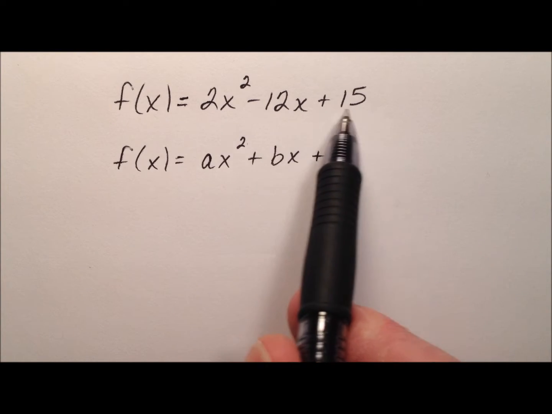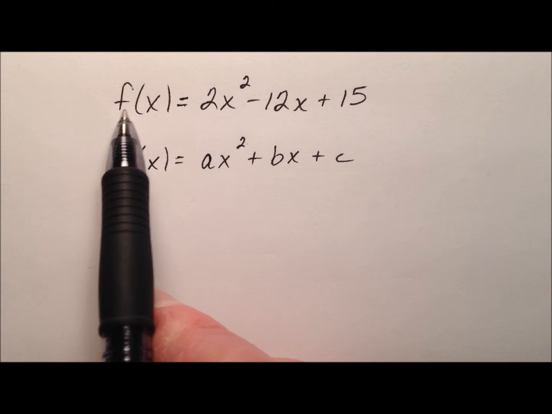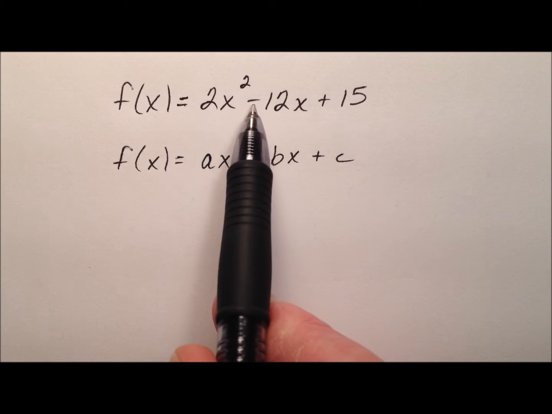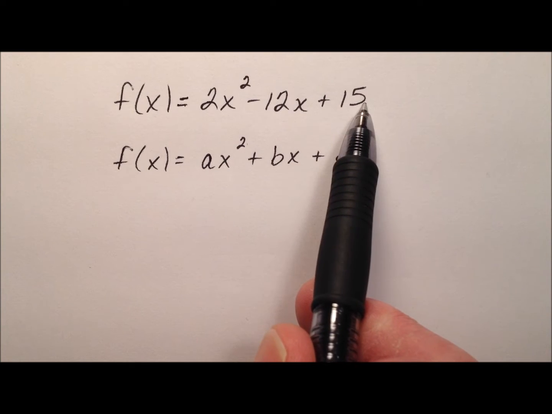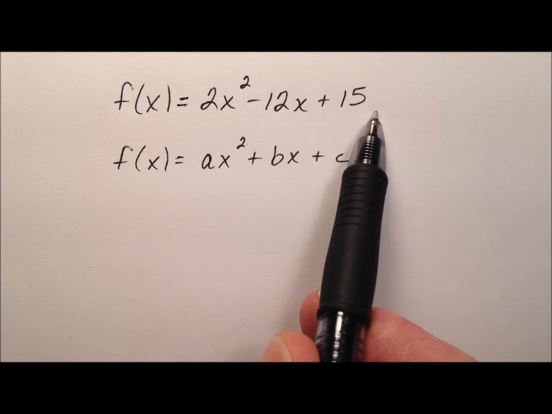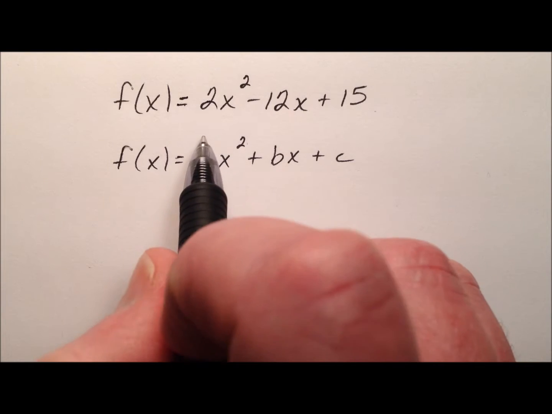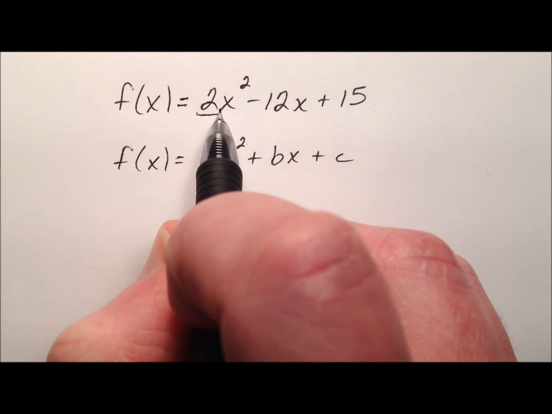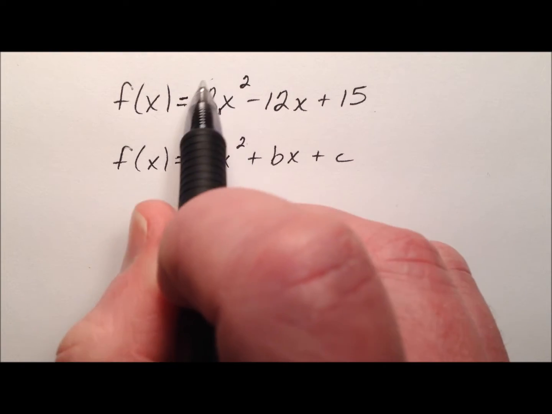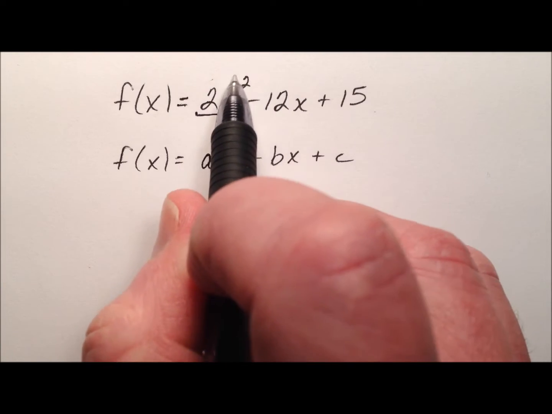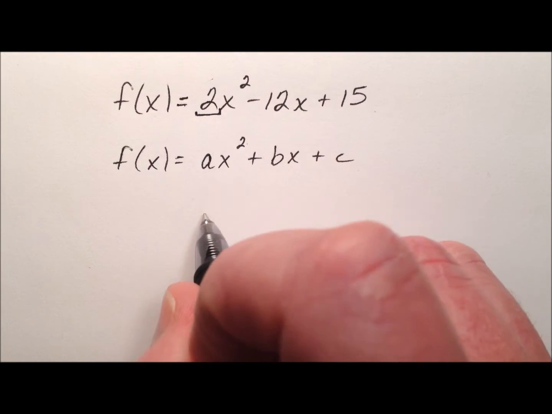And you'll see in an example right up here, we have a function f of x equals 2x squared minus 12x plus 15. Okay, so we see it's going to be quadratic, and we see it's in standard form. So our leading coefficient means the number out front of the highest degree term, and that's our a value.